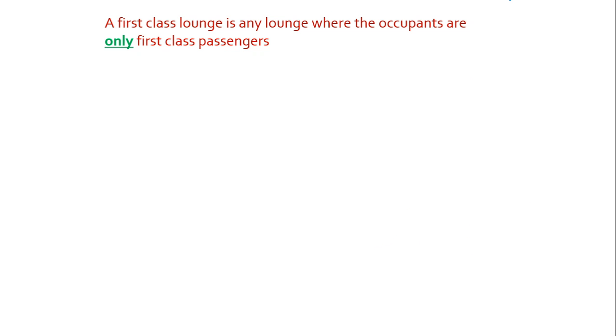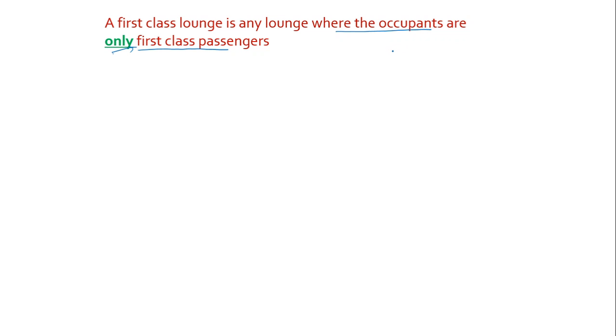But there is something else: you have the sense of only here, where the occupants are only first class passengers, and we know how to model this only. So all the values, you will be using this has occupant. Let us see what would be the structure of this particular statement.